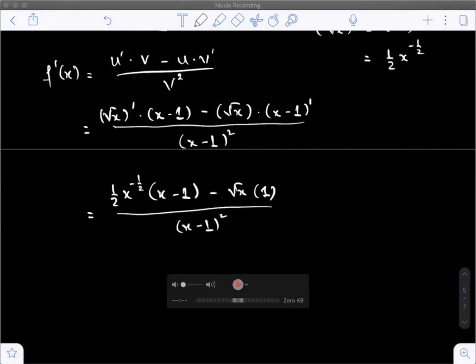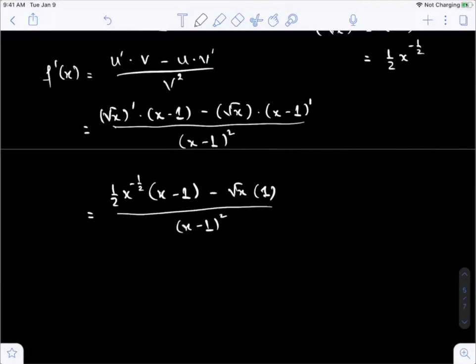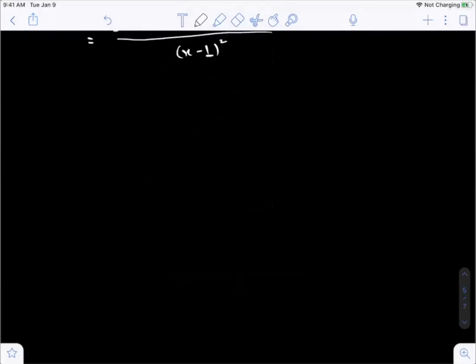Okay, let me give you another one to do here. I have f of t is equal to t to the 4th minus 2t plus square root of t minus 3, divided by t. We saw a similar problem earlier.